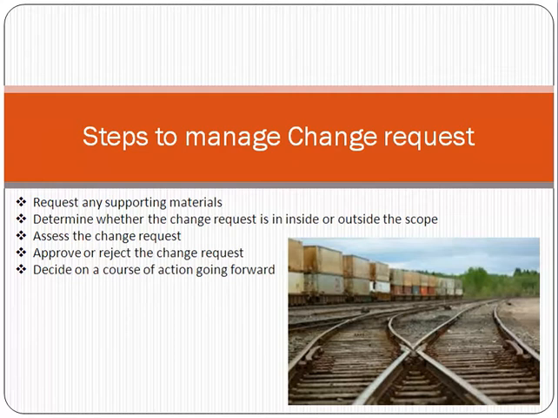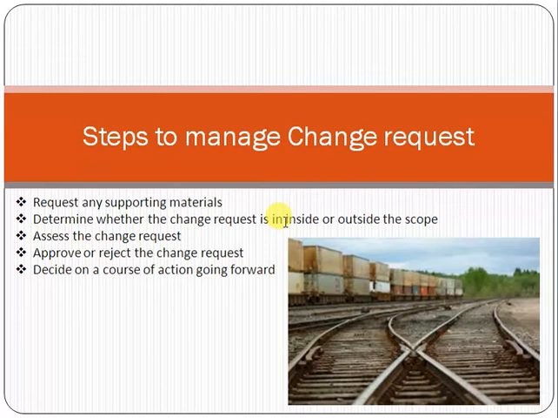Now determine whether the change request is inside or outside the scope. You must understand that if a change comes from inside, it has a different impact than if it comes from the customer side. So always try to understand the source of the change request.